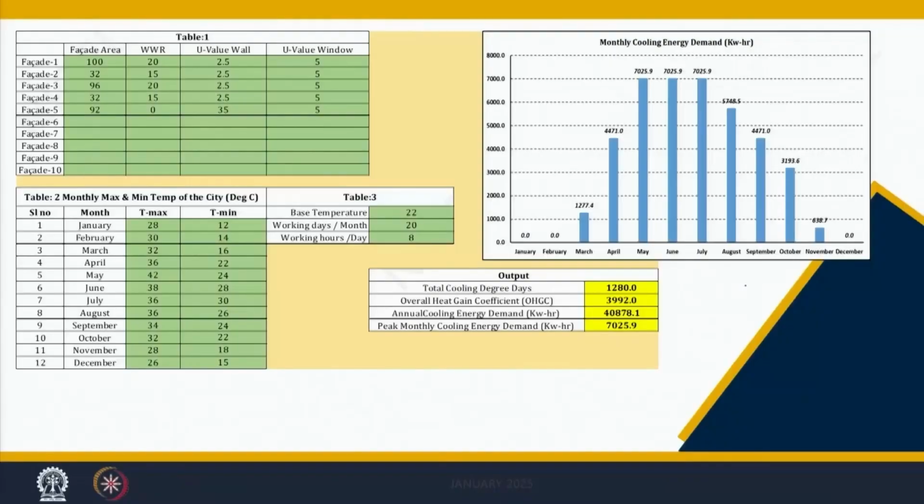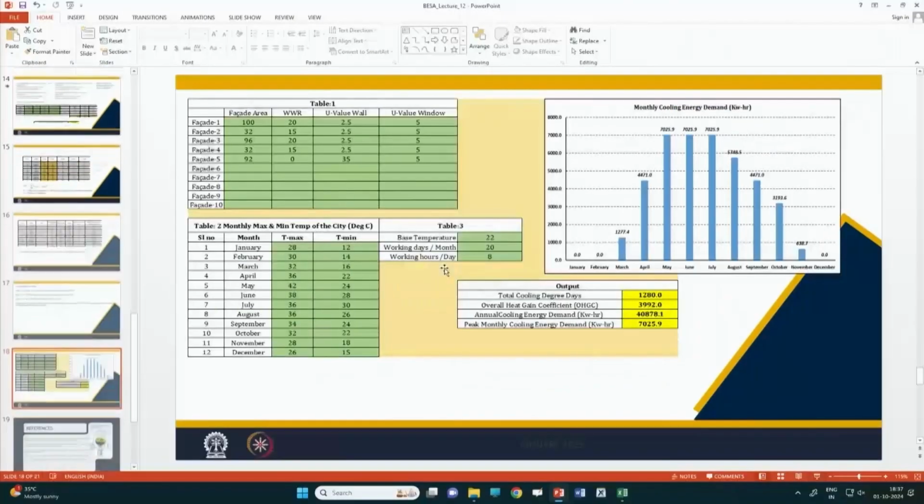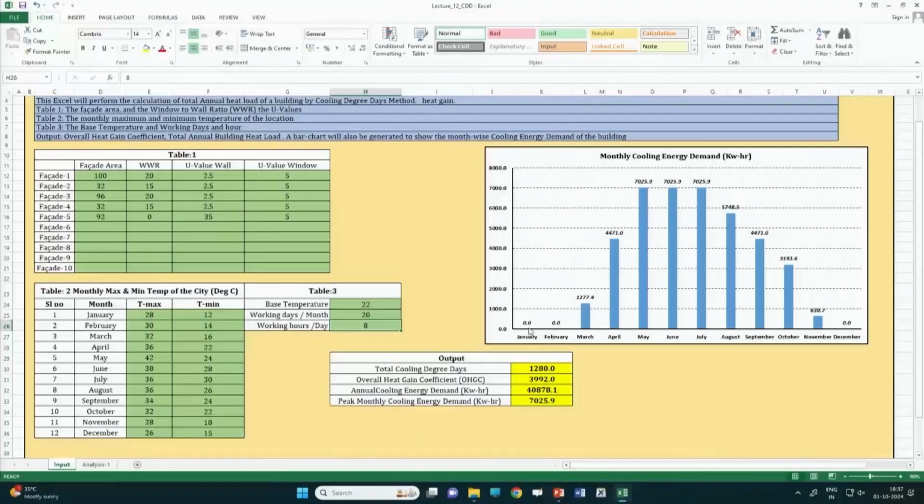Before I finish, let me go back to the Excel chart. You see, this is the case we have discussed. You are getting 3992 as the OHGC. Now, what is the total amount of cooling degree days? 1280.